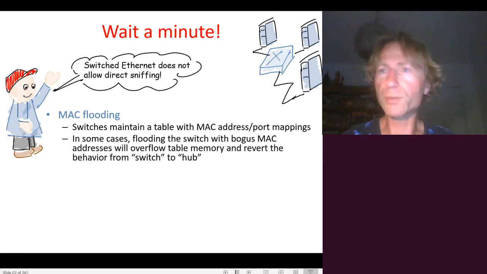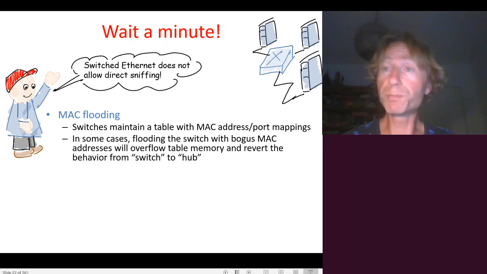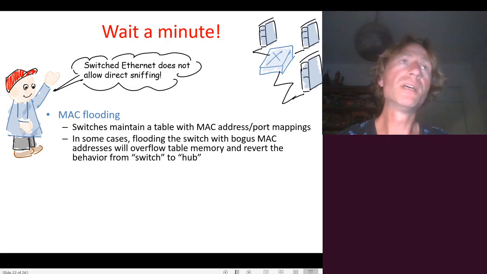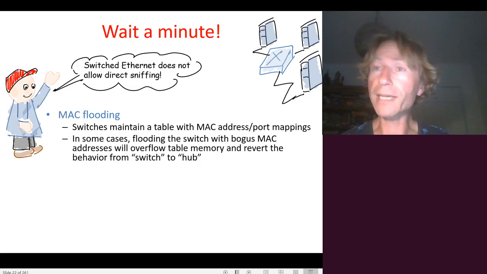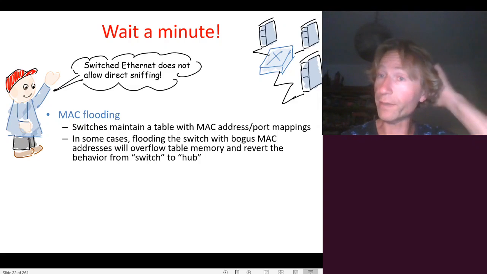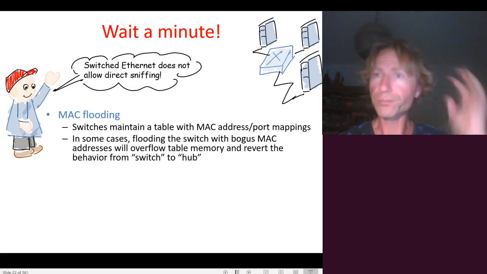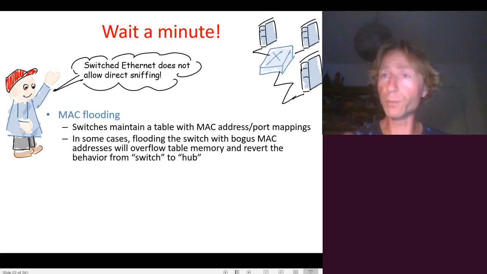With bogus MAC addresses, we just send a lot of spoofed Ethernet frames with spoofed Ethernet addresses, and the switch will simply say, oh, here's another Ethernet frame on port 1 or port 2 or whatever for a particular MAC address, and let me make a recording of that, right? So then at some point this table is going to be full, and all the other traffic that is being sent will simply be broadcast, because the switch table is full.